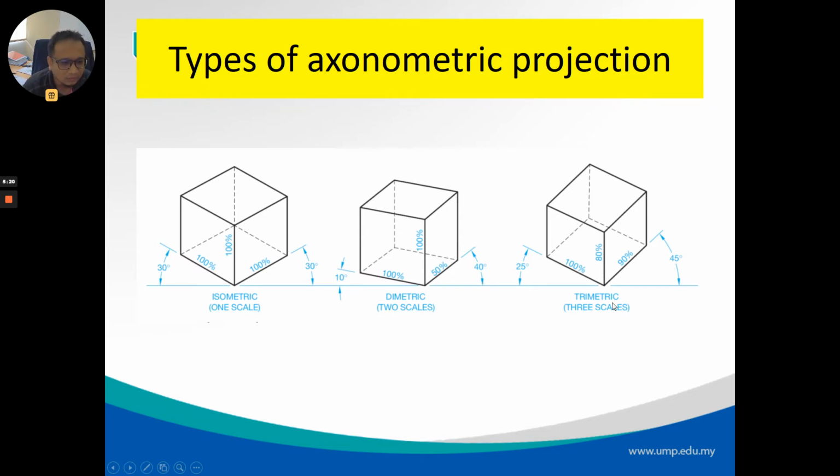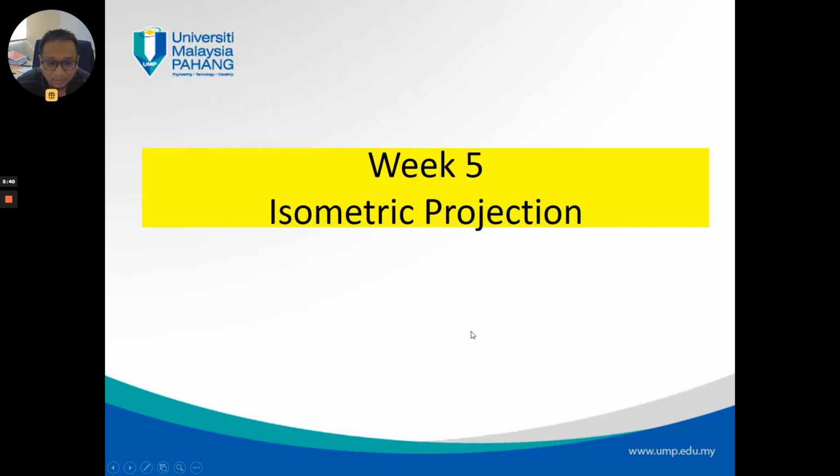The trimetric, however, has 100% on the front view, which is a 25 degree angle, 90% on the side view, about a 45 degree angle, and the height is 80%. Most of the time in this class we are only covering the isometric scale, so you don't have to worry about this, but you should know what it is.